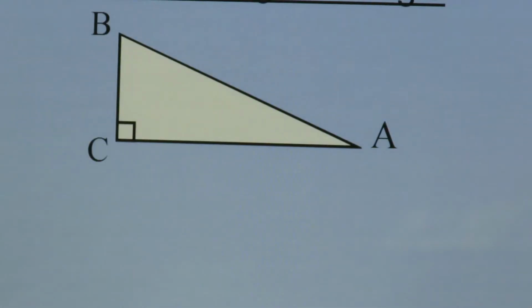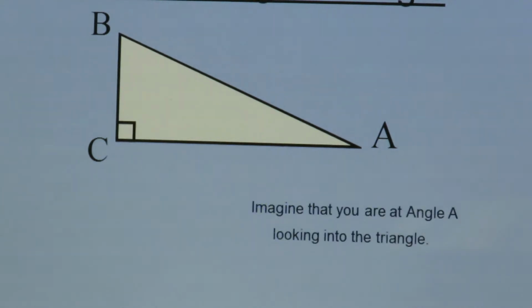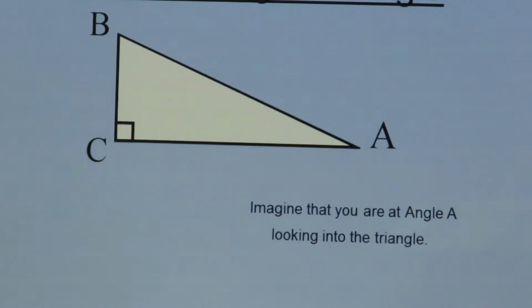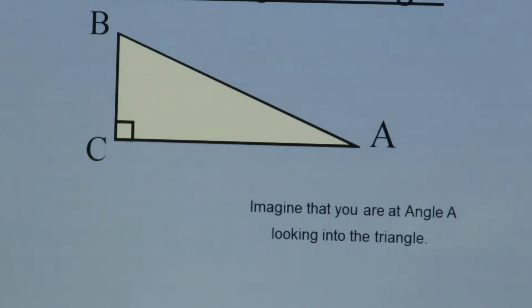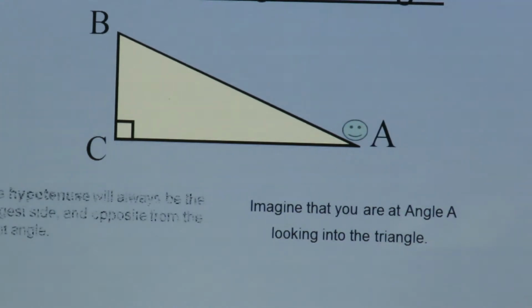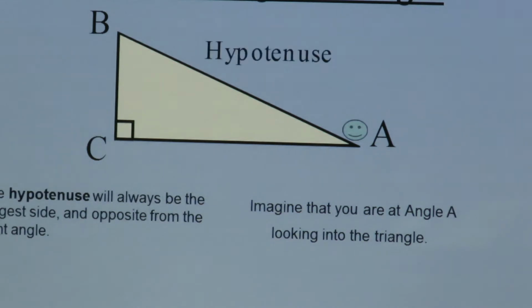Parts of a right triangle. ABC is a right triangle, with angle C being 90 degrees. Imagine that you are at angle A, looking into the triangle. The hypotenuse will always be the longest side, opposite the right angle.